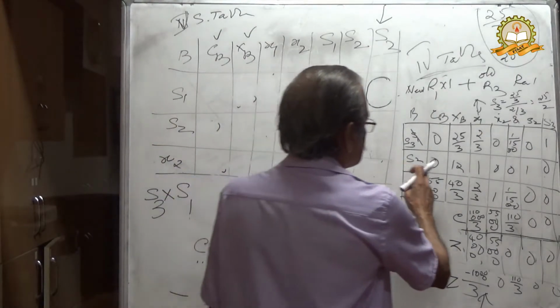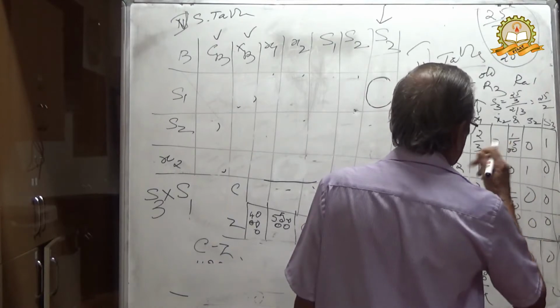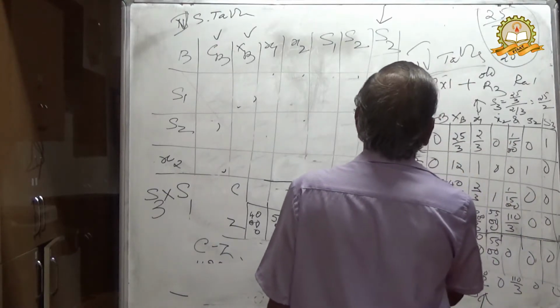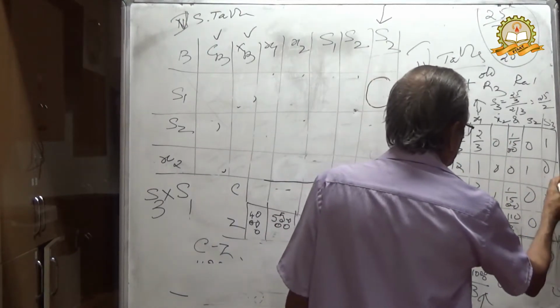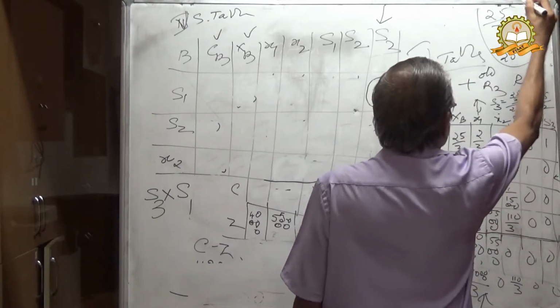Therefore, S2 becomes the pivot row since it is 12.